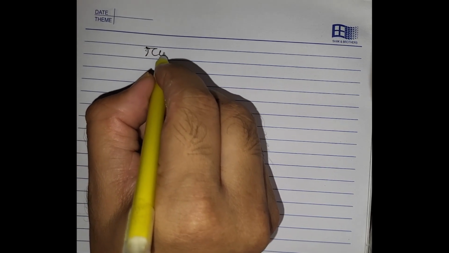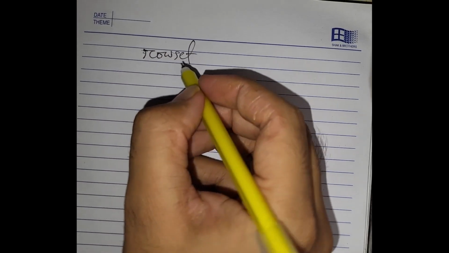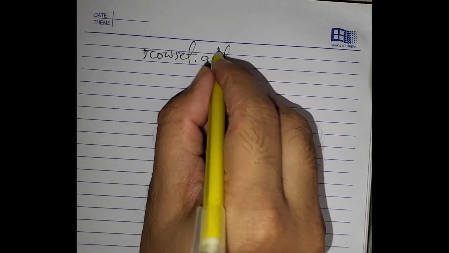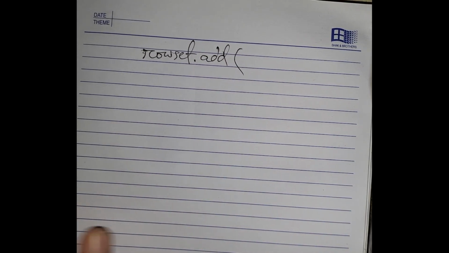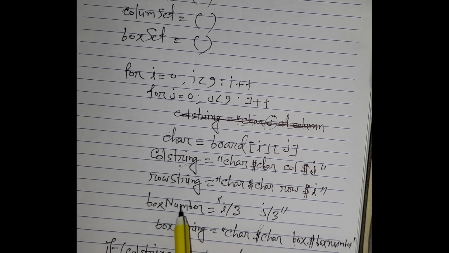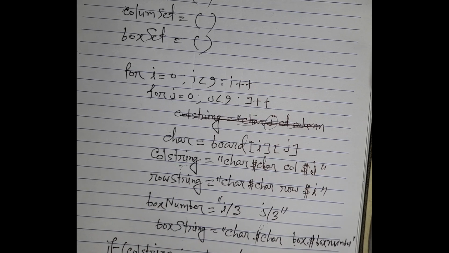And we can easily do that. So for row set dot add, what do we want to add? What we have got right here, row string. We want to add this to our row set.